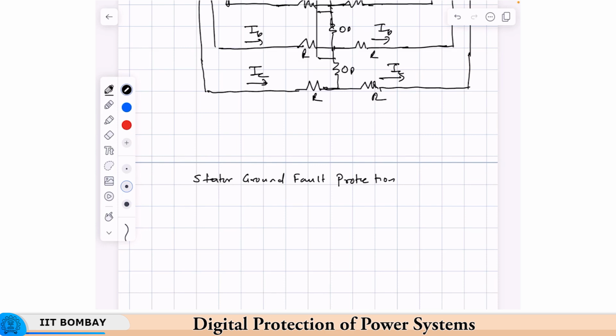So most stator ground faults are a result of insulation failure.